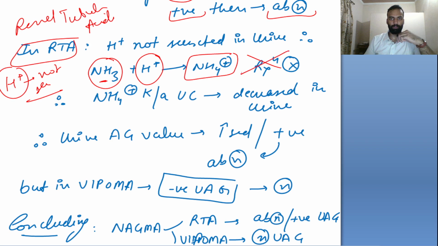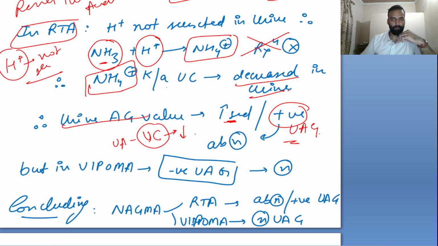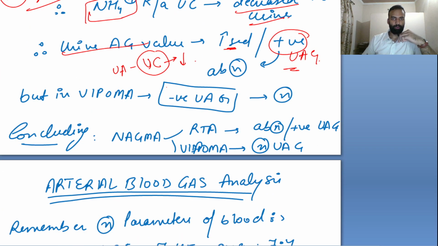So the ammonium ion which was earlier formed in urine is now not forming. It will decrease in urine, and there will be a positive urine anion gap. As we know from the formula, urine unmeasured anions minus unmeasured cations, unmeasured cations have decreased, so there is an increase in the urine anion gap value. So that is abnormal.